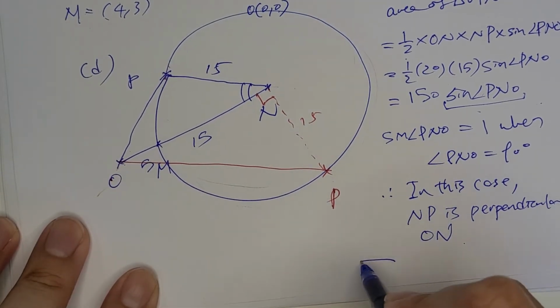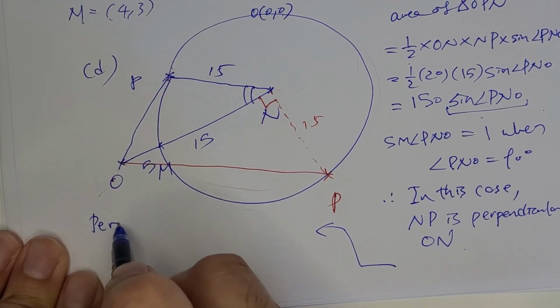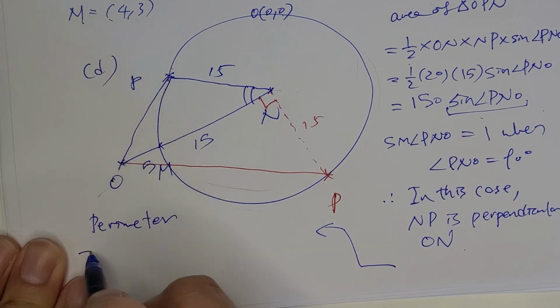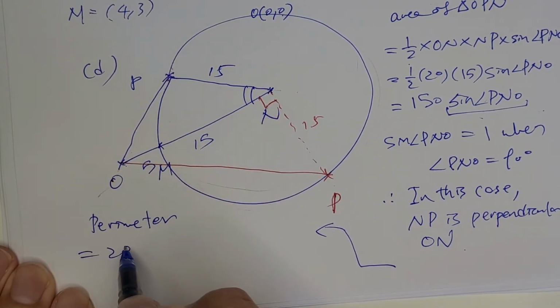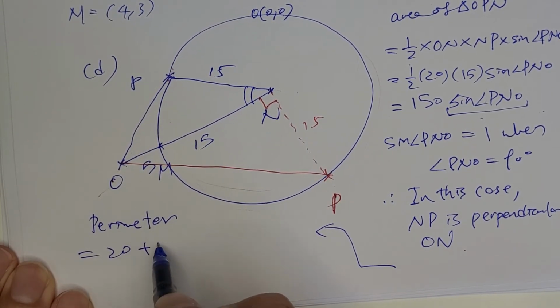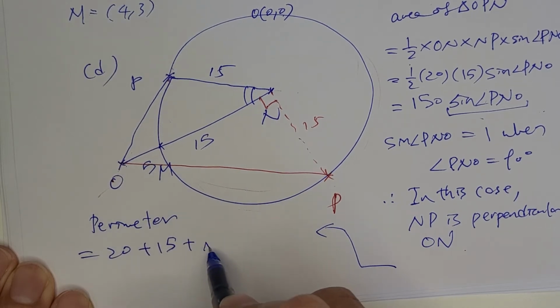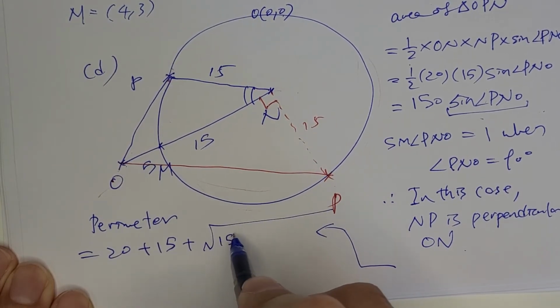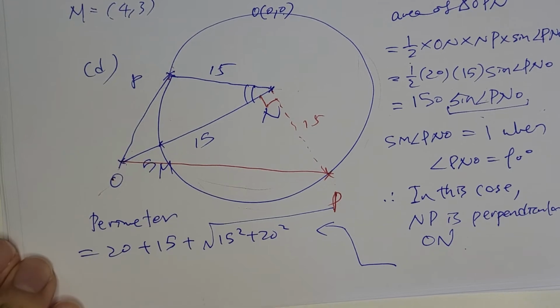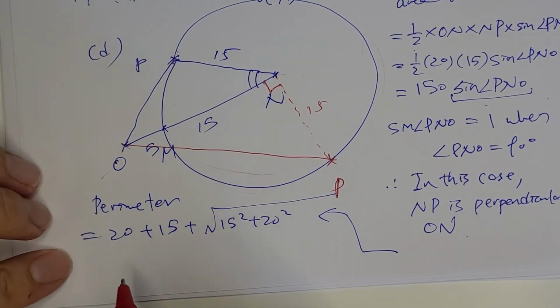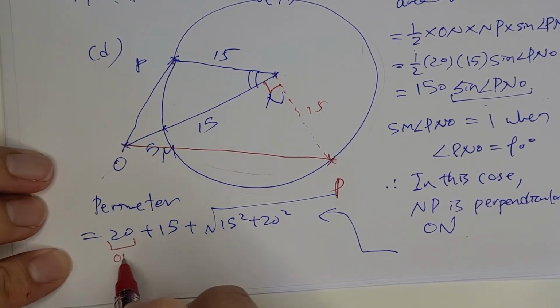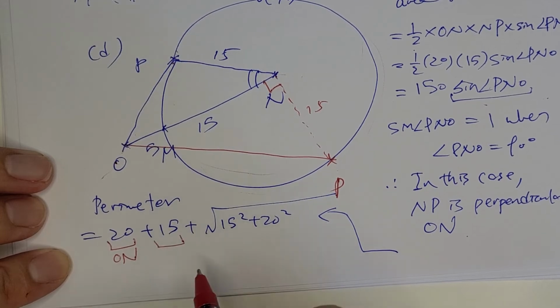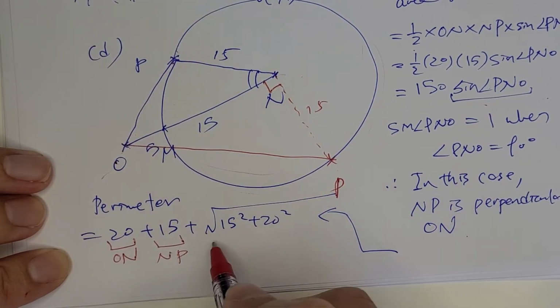So the perimeter will be 20 plus 15 plus the square root of 20 squared plus 15 squared. So what does that mean? 20, that is ON. 15, that is NP. And how about this one?